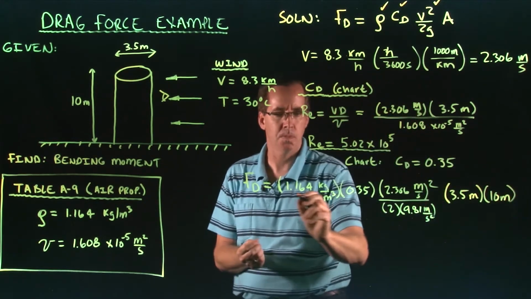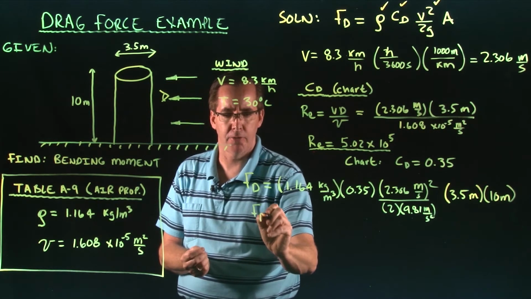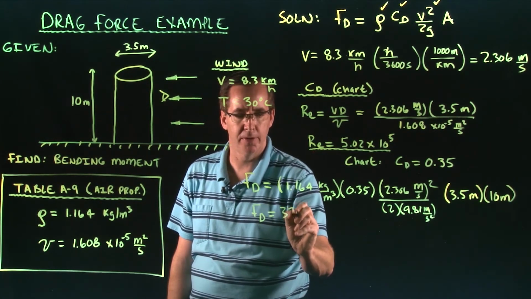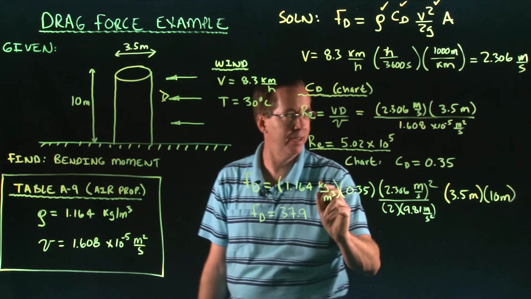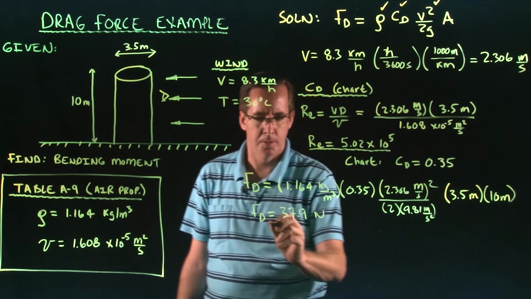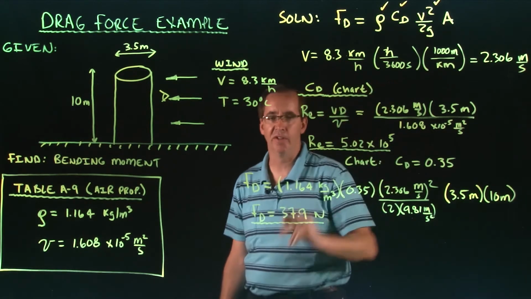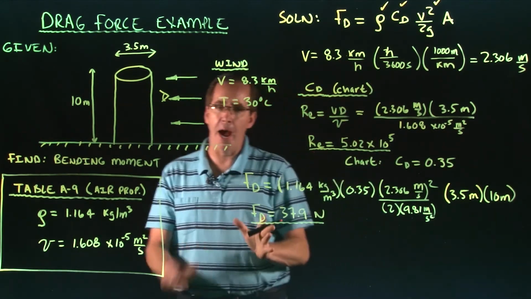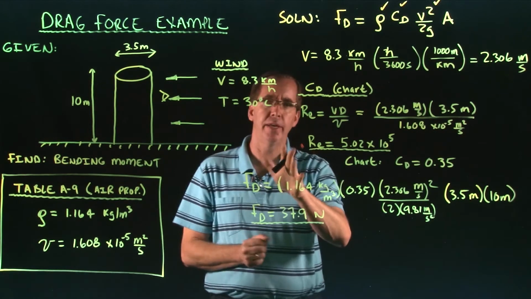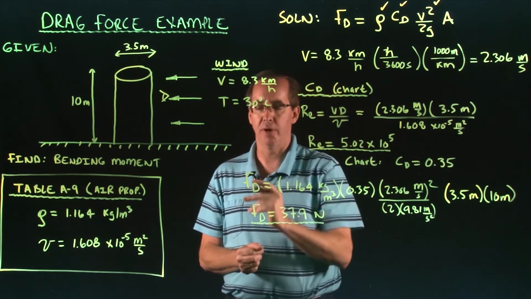Okay. So when I calculate the drag force, I get this to be 37.9 newtons. Okay, so I'll underline that as well. I'm kind of underlining all the important things. Now, the problem required that we calculate the moment that's caused by this drag force.